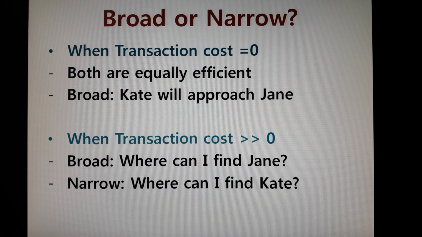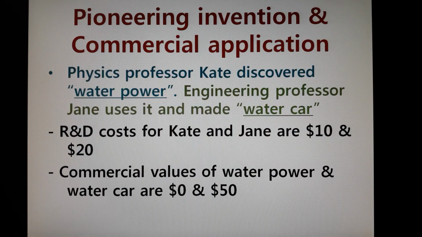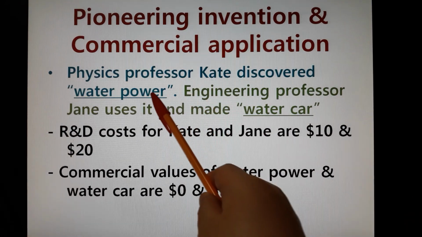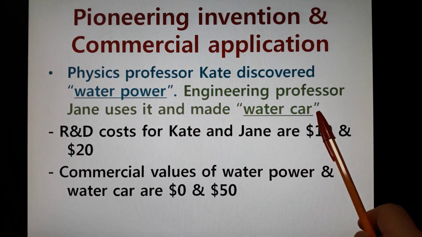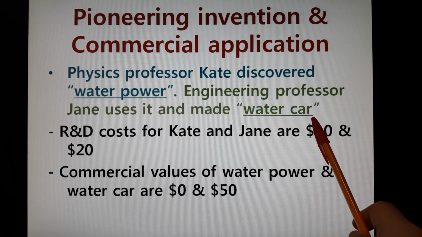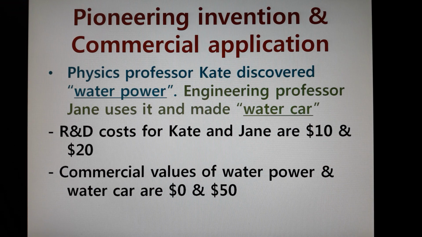As you know, in the previous lecture, when the legal system defined the patent broadly, the first inventor who invented the pioneering invention, water power in this case, would get the patent of the water car as well. Okay?